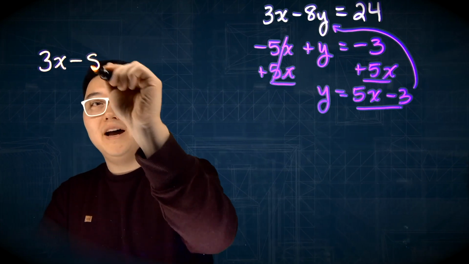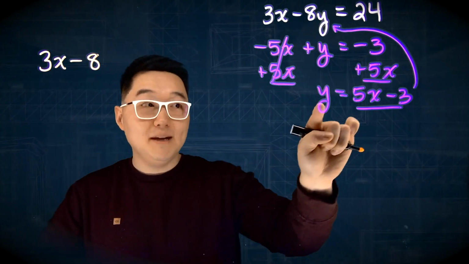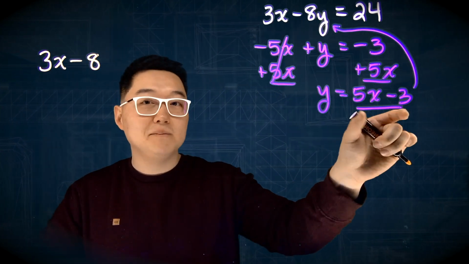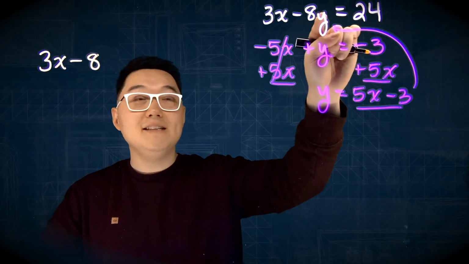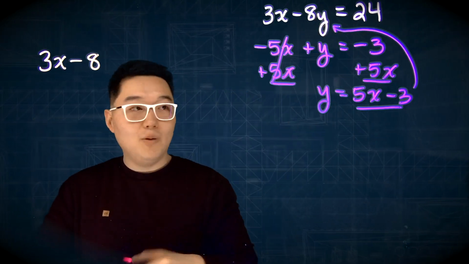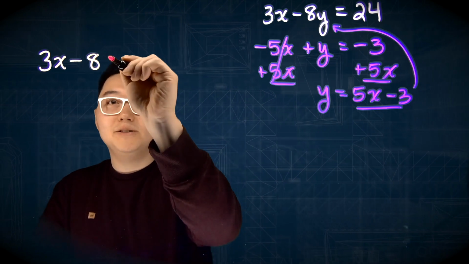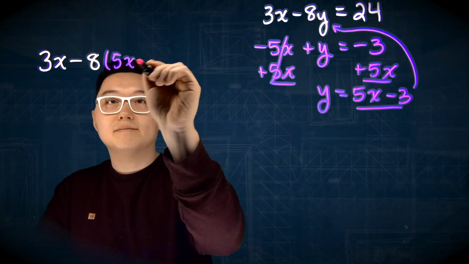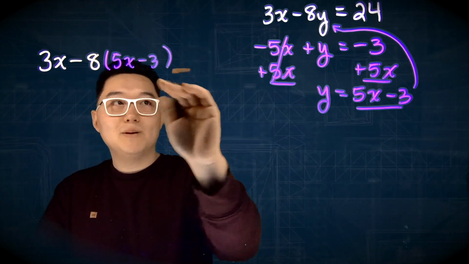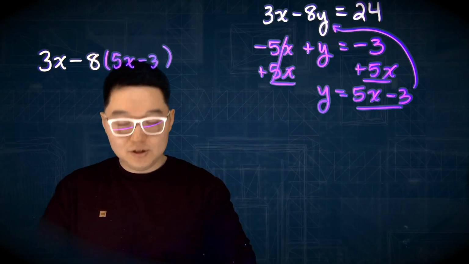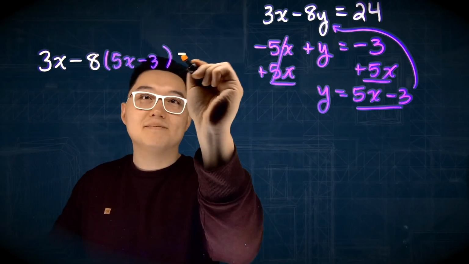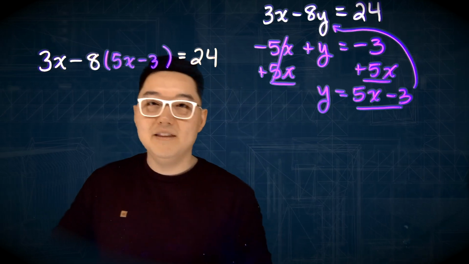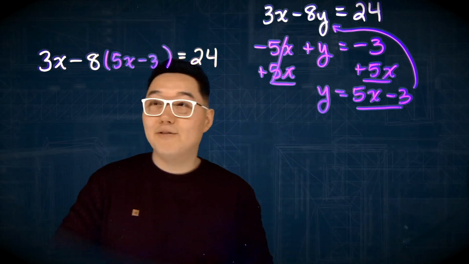But what is y? Y can be substituted as 5x minus 3, because that's what y is equal to. This expression has to equal 24. And there you go. Now we just gotta solve for x.